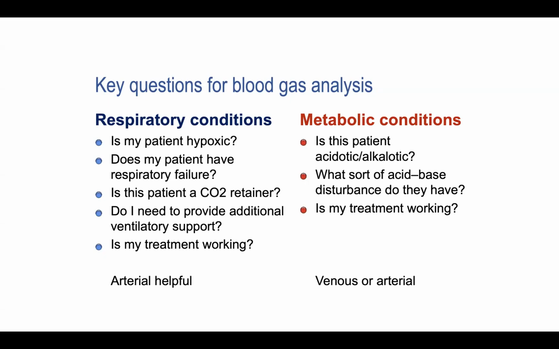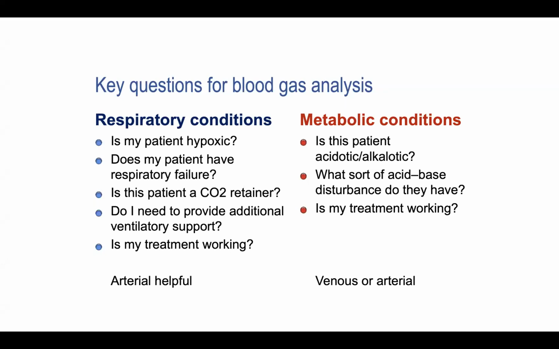Does my patient have respiratory failure? That's what we're going to look at when we look at the CO2. Is that patient a CO2 retainer, meaning the CO2 is high? Do I need to provide additional ventilation and ventilatory support? And is my treatment, my ventilation treatment, my respiratory treatment, are those working? I'm going to know that from the arterial sample.